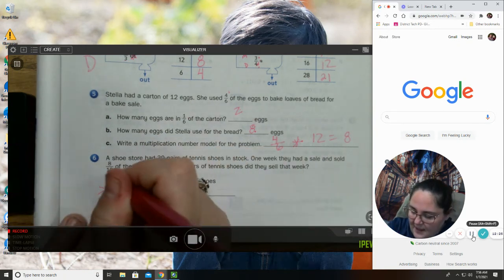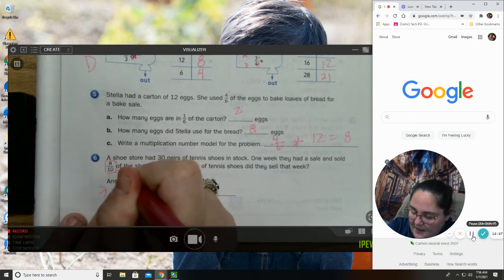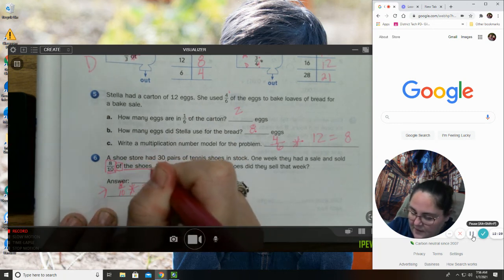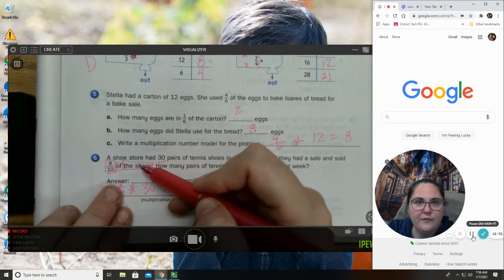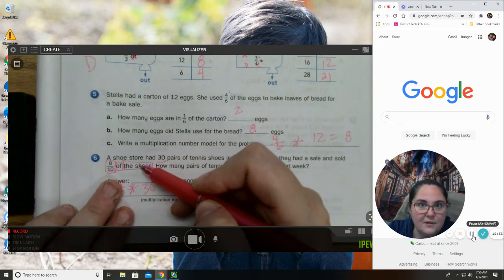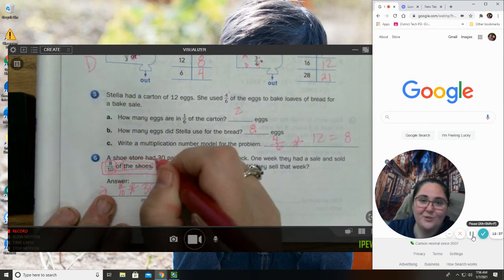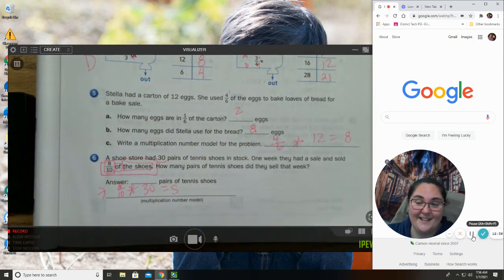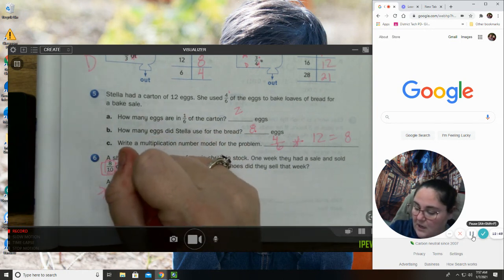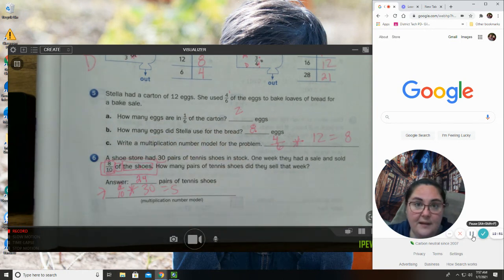Notice 8/10 of the shoes. So what's my total for the shoes? 30. In my problem right here, it tells you what you're going to write basically. All right, 8/10 of 30. I'm going to do 30 divided by 10, which is 3, times 8, which is 24. So 8/10 of 30 would be 24.